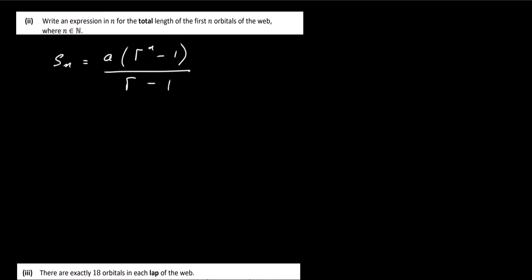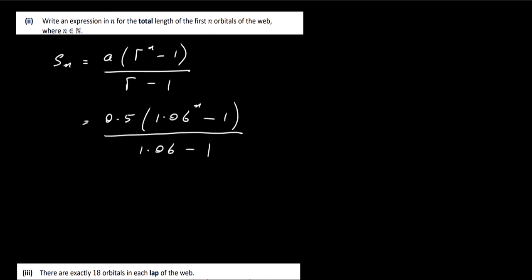Okay, so let's put in our values. Our values are a, the first term, is 0.5, our r is 1.06, which we've got to raise to the power of n, subtract 1, and then on the bottom we've got our r, which is 1.06, subtract 1. So that's just 0.5 divided by 0.06 times 1.06 to the power of n minus 1.